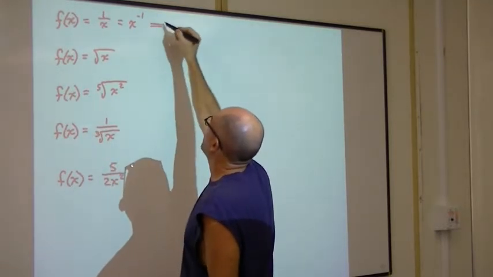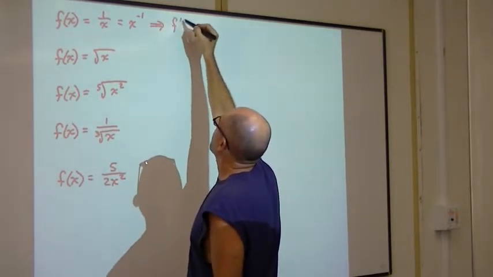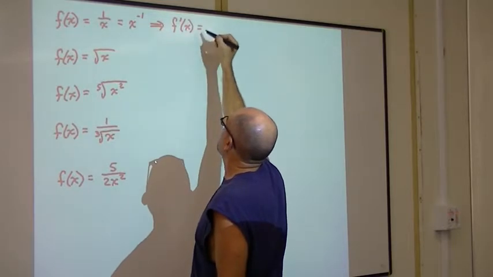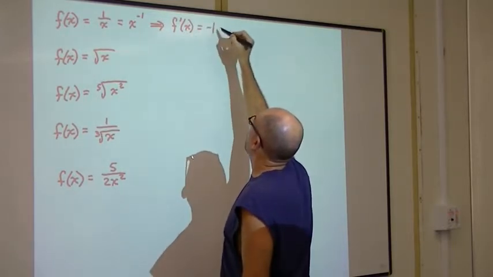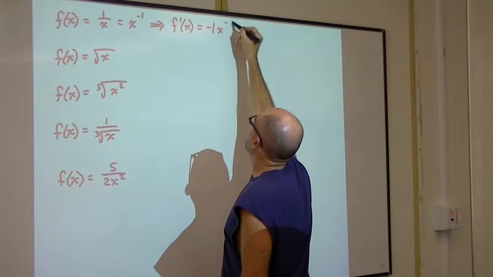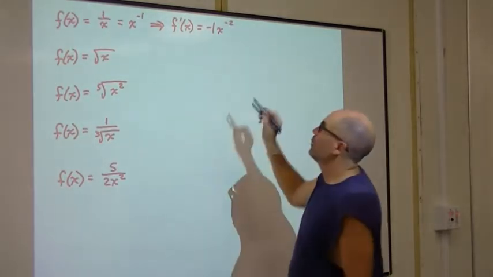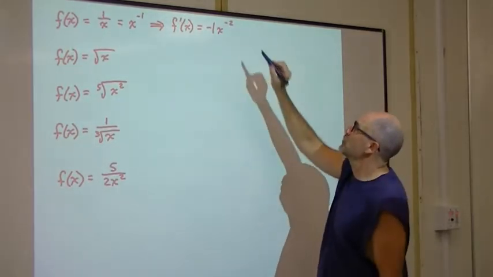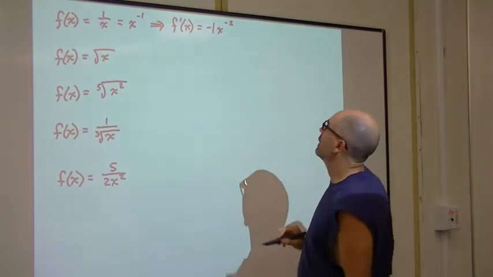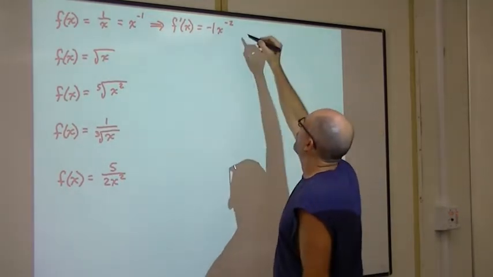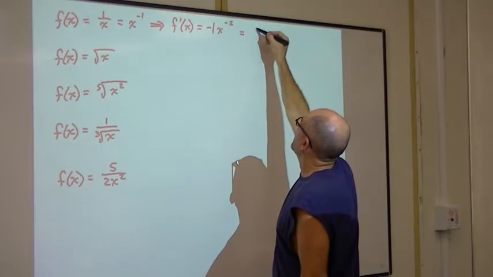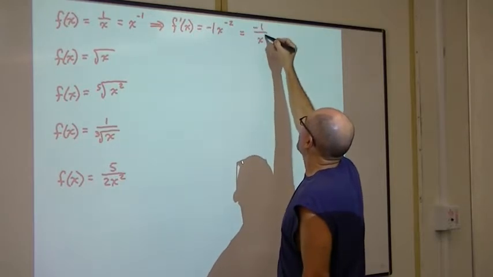So that means the derivative, f prime of x, is going to be negative 1x to the negative 2. Bring your negative 1 down in front and then drop the exponent by 1. So what's that equal? That equals negative 1 over x squared.